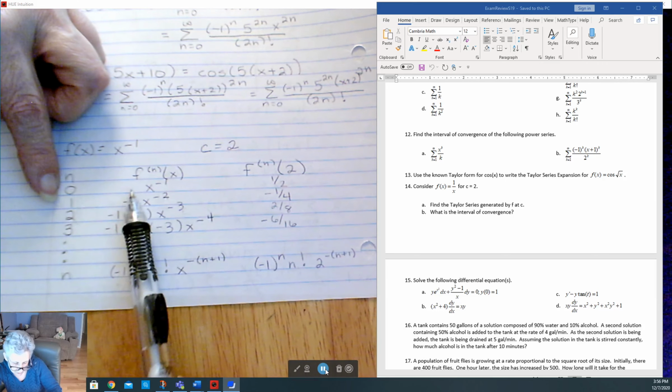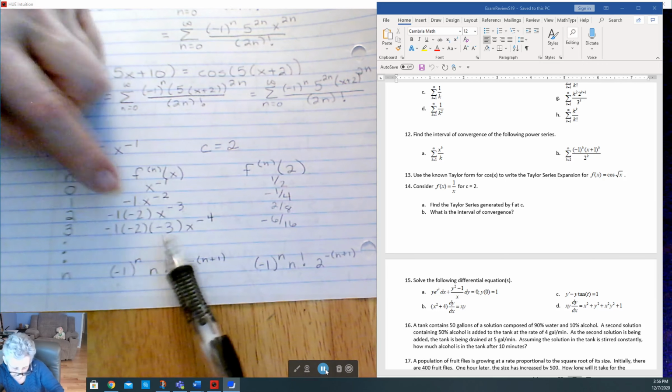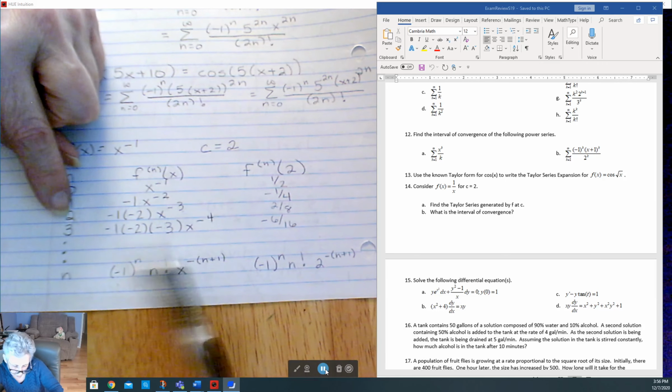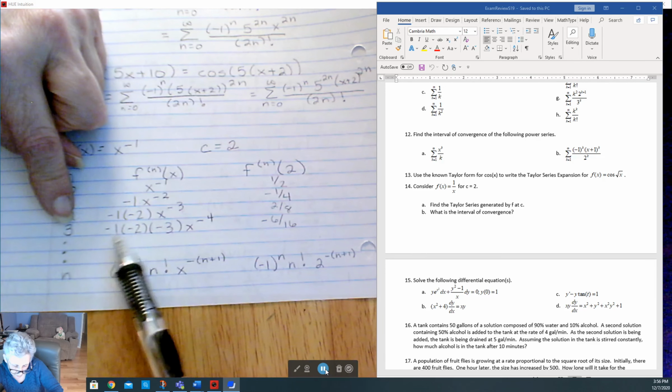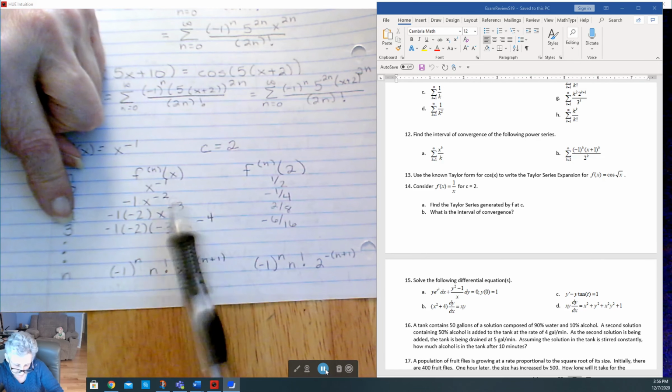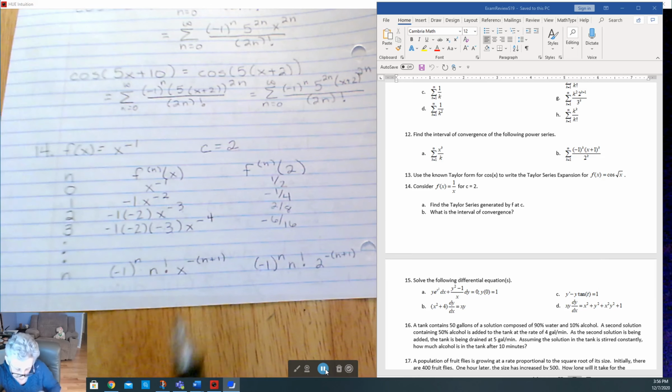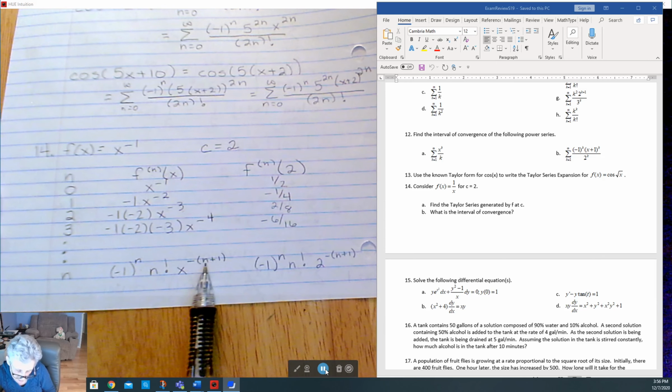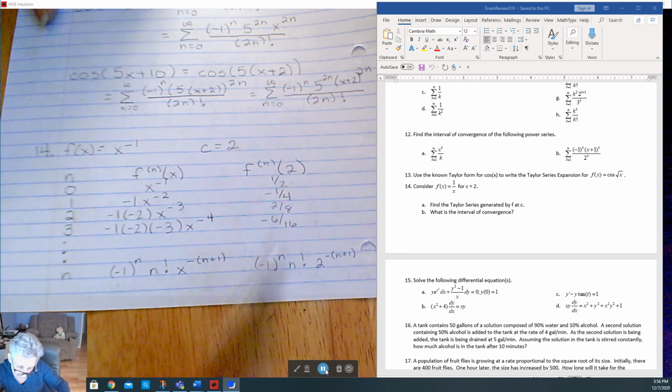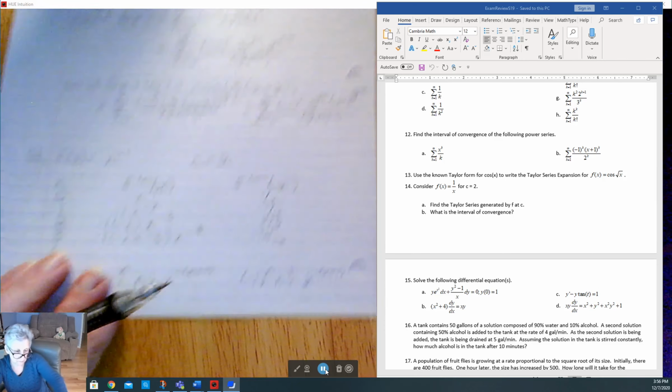Then I have n factorial: when n is equal to 3, I have 1 times 2 times 3 because 3 exponents have fallen down. I've differentiated 3 times. And then my exponent is -(n plus 1). Then I plugged 2 into it.